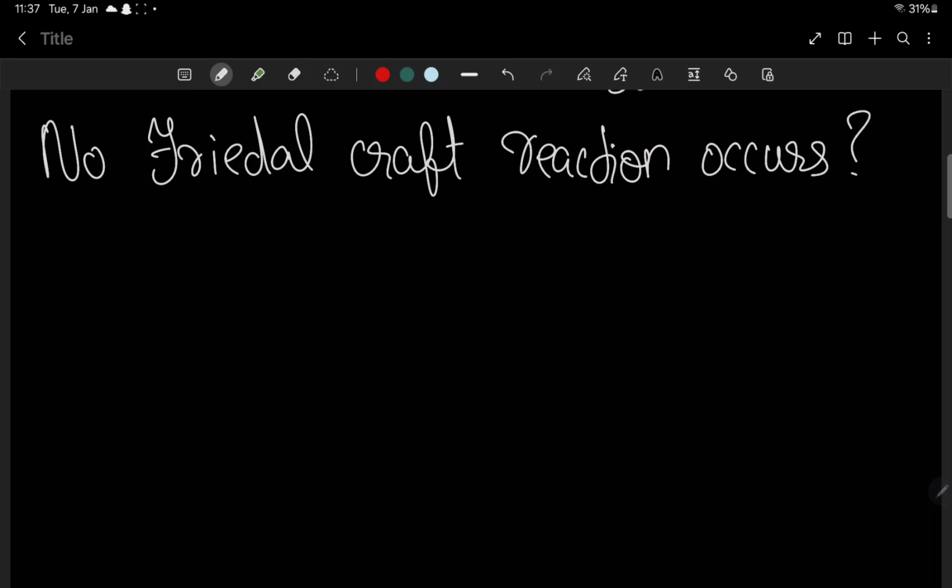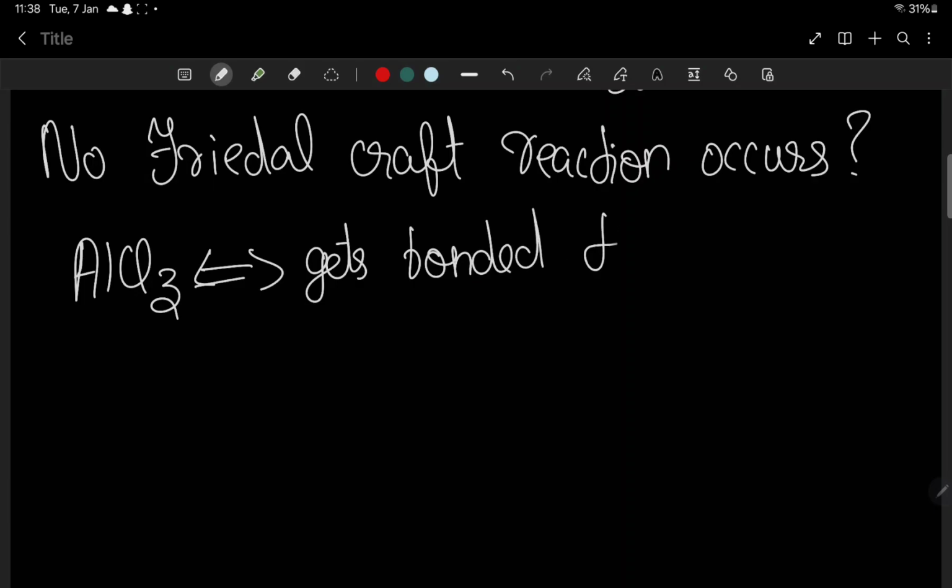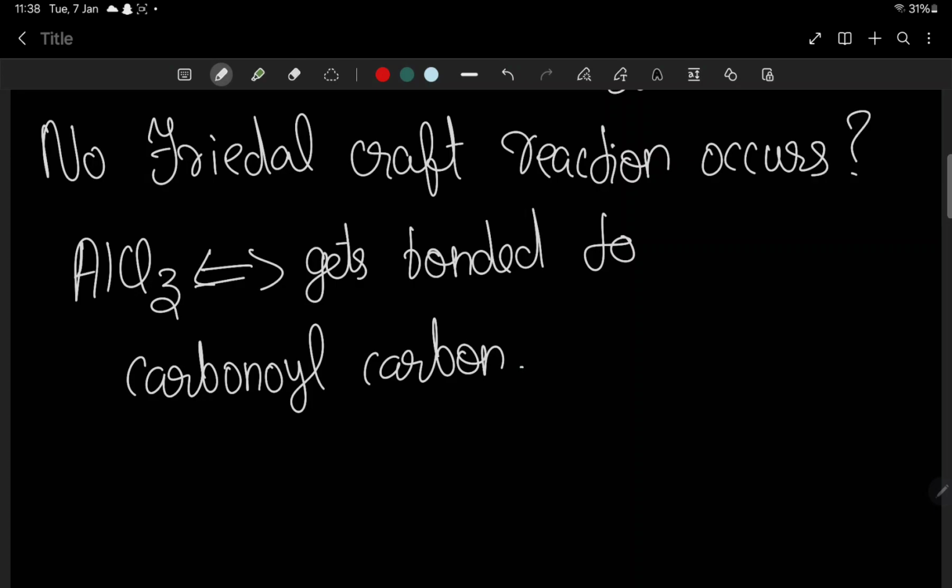The reason is that the catalyst AlCl3 gets bonded to the carboxyl group, because oxygen is electron rich, right? So AlCl3 being a Lewis acid gets bonded to it. That is the reason why Friedel-Crafts reaction does not occur here. Okay.